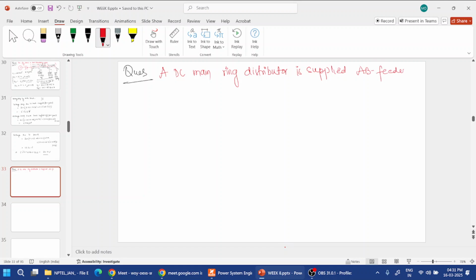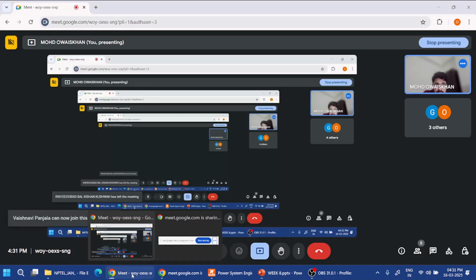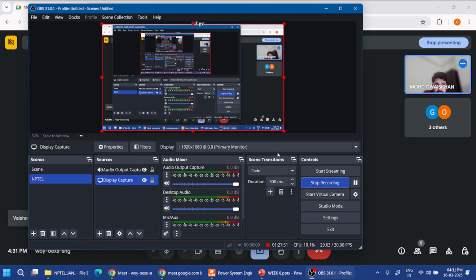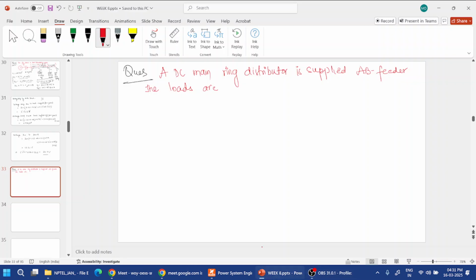The loads are tapped off at C, D, and E.